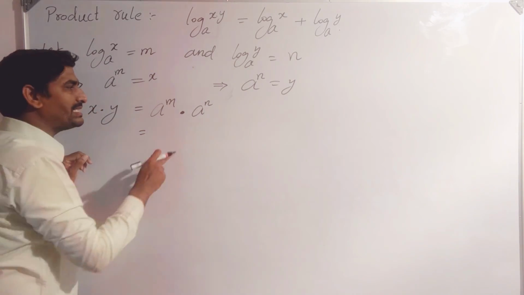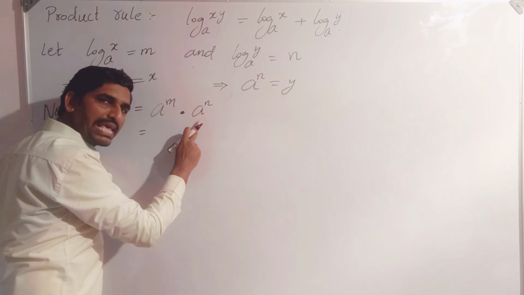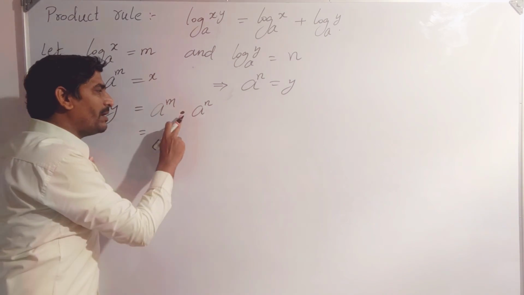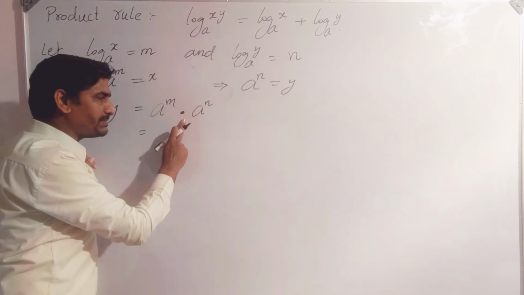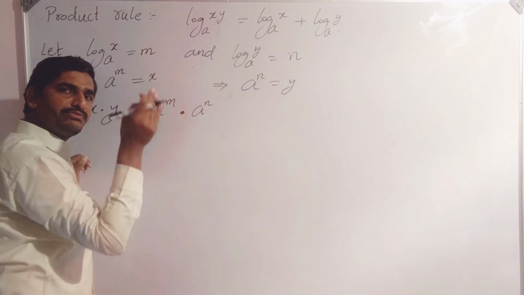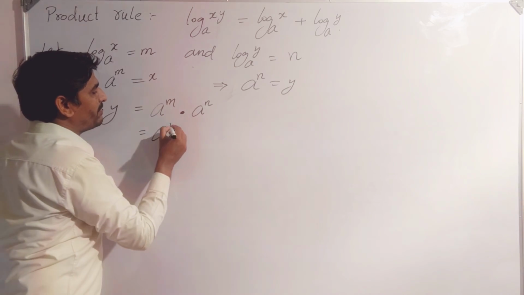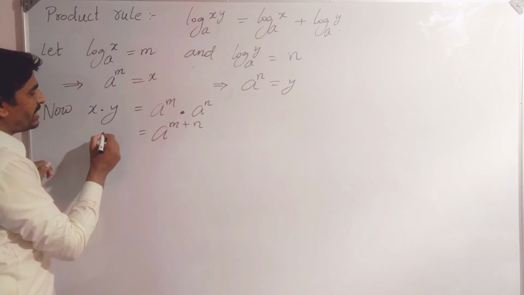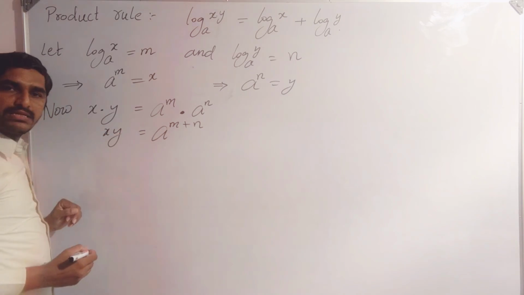We know that in multiplication, when bases are the same, powers should be added. Already we learned this. A to the power m plus n. This is x into y, meaning xy.